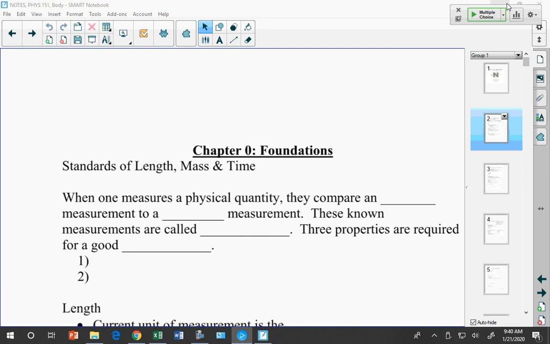Standards and dimensional analysis. It's probably the most math that you'll see the entire semester. We don't do a lot of numbers, but we do some algebra and stuff. So don't freak out. The math sort of goes downhill from here.